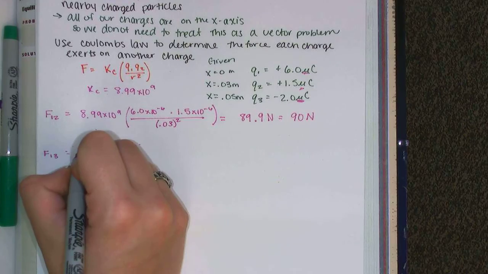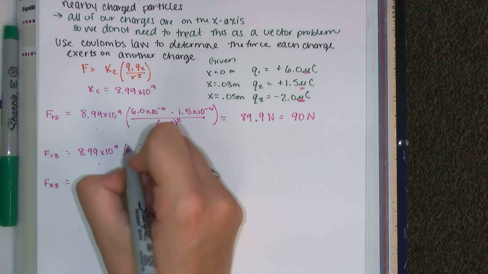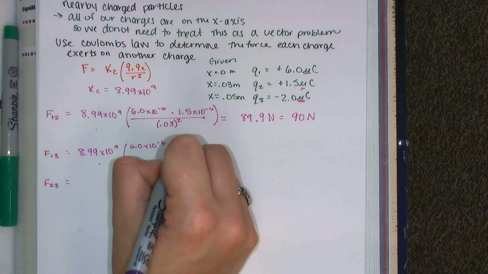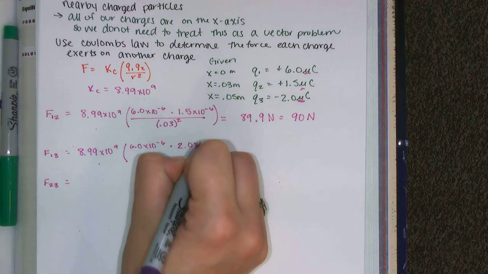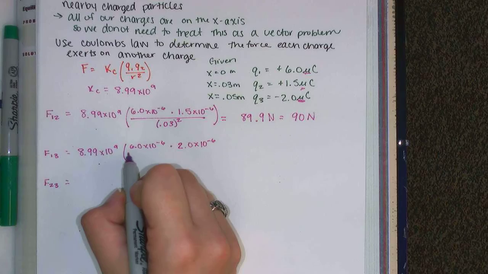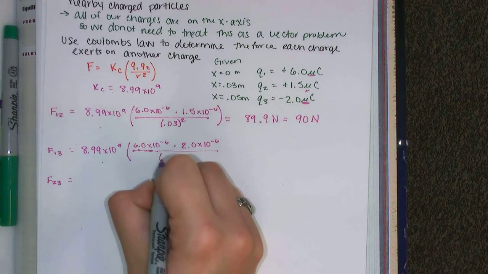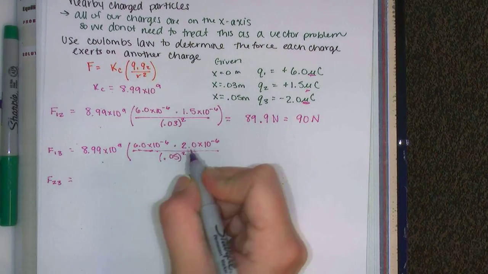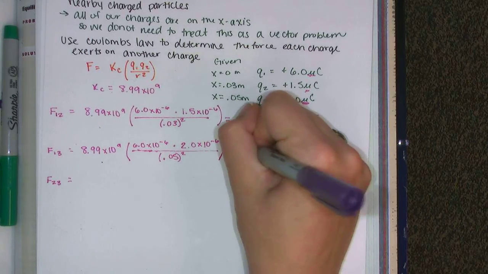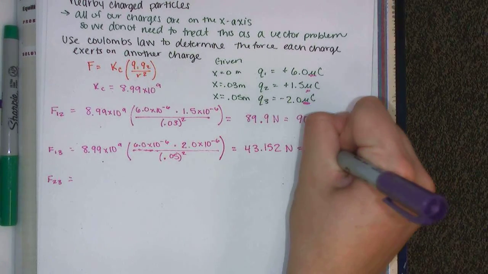Oh, so F of 1, 3 with 8.99 times 10 to the 9th, and then we have 6.0 times 10 to the negative 6 times 2.0 times 10 to the negative 6. This is where I was saying the negative doesn't matter. We don't actually write that in here. It's just telling you a direction. It's a direction vector. So over 0.05 squared is equal to 43.152, which then we round off to 43.